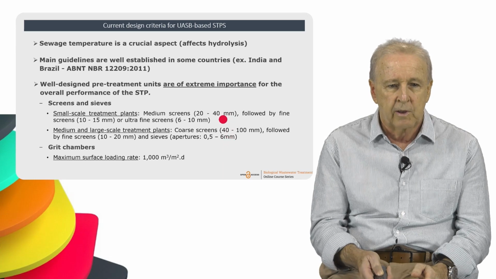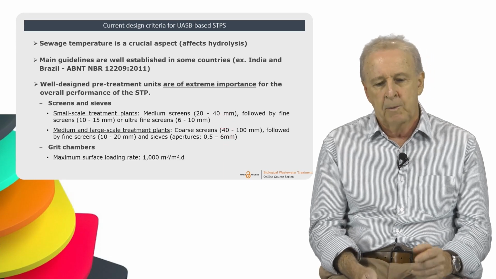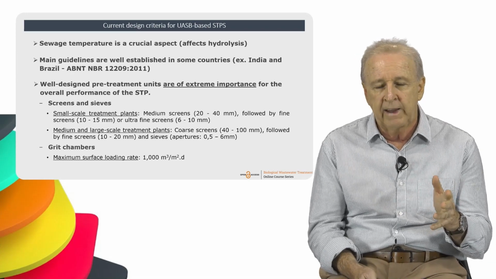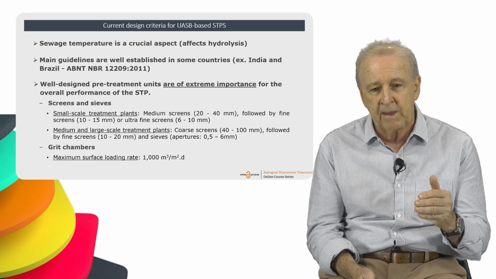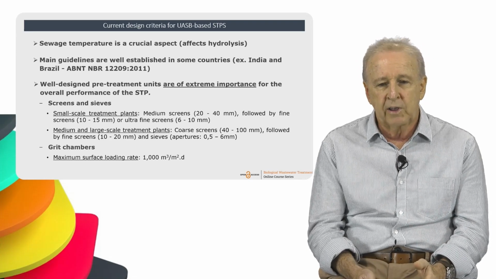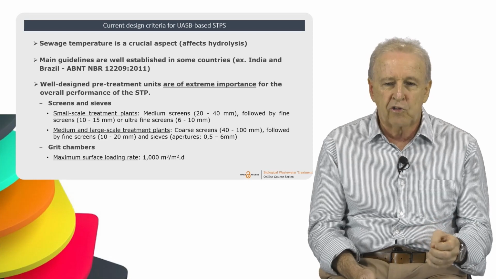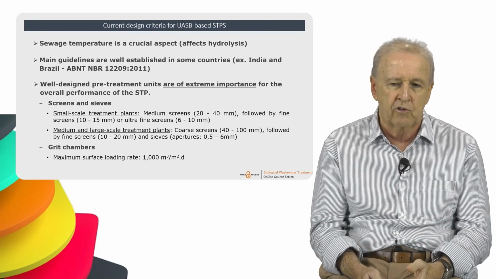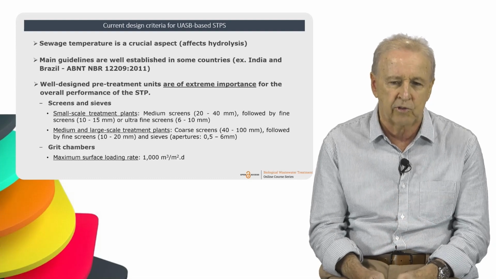With the use of these screens and sieves, we avoid the entrance of solids in the reactor. The entrance of solids is very detrimental for the function of the reactor, because it can provoke obstruction of the pipes, for instance, in the distribution chambers, as we're going to see later.